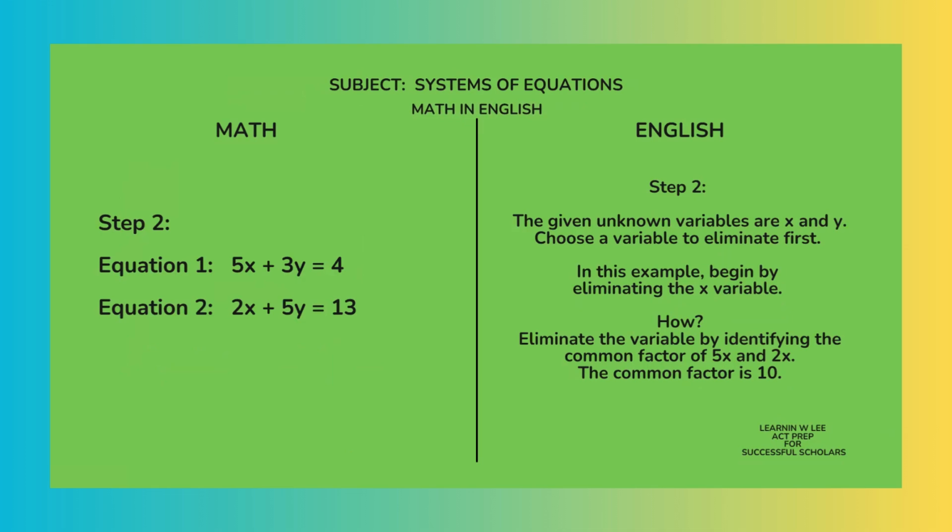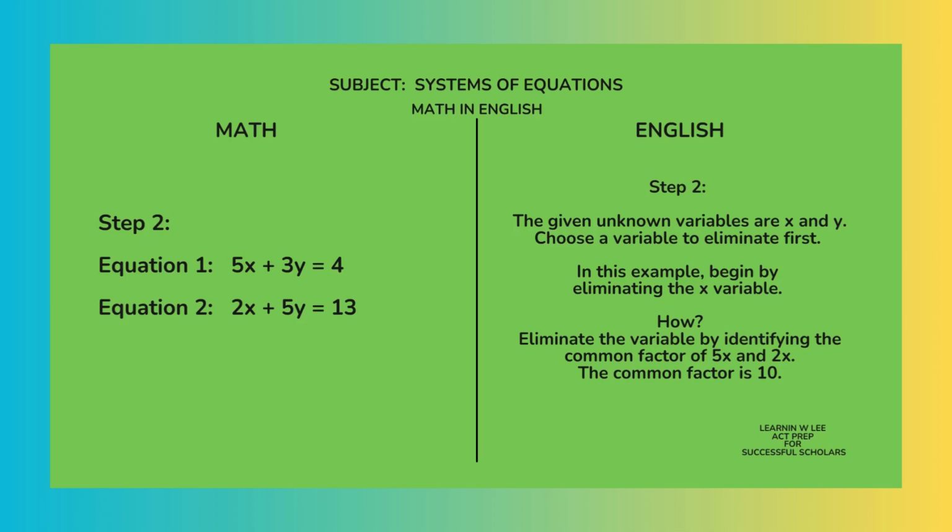Some of my students get stuck here. They always want to know how you're going to eliminate the variable or what step to do next. To eliminate the variable, we're going to identify the common factor of 5x and 2x, and the common factor is 10. So take a moment to think about that.